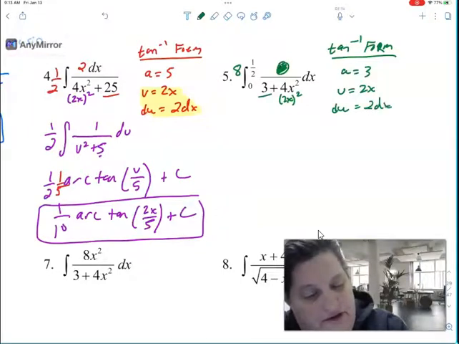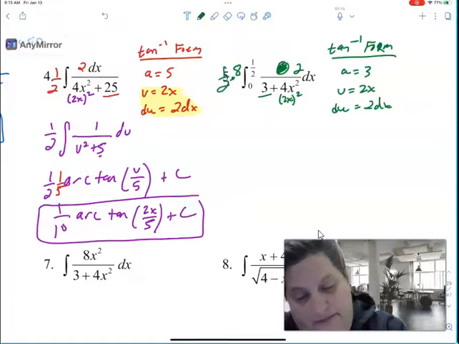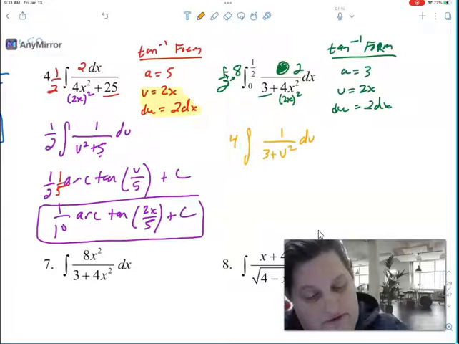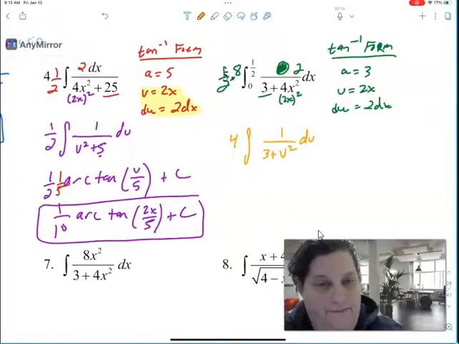So du is 2dx. So I need a 2, and then out here I have a 1/2. All right? So this is giving me a 4 on the outside, and then it turns into du over 3 plus u squared, right?